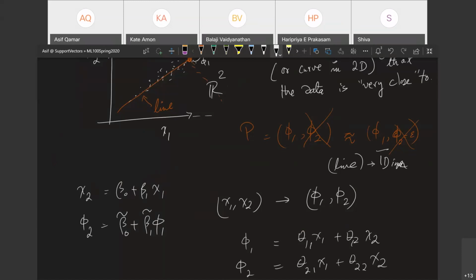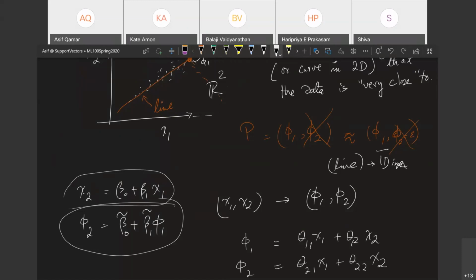So there are four constants that will transform a point x1, x2 to phi1, phi2. Because it's linear in the original space, of course, it will remain linear in the other space. Since it had a linear relation, you can transform it to a different coordinate system where it all falls on the transformed axis.